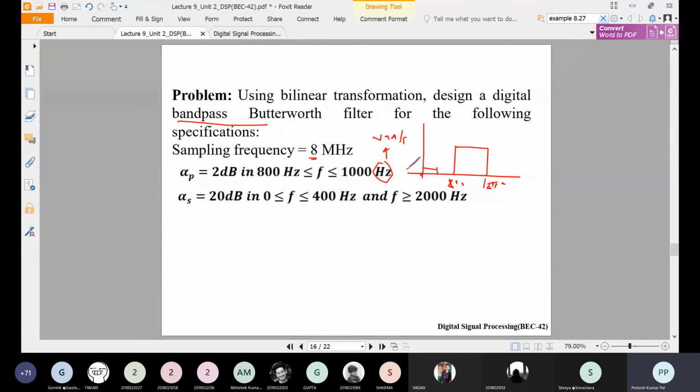That is alpha s, and this is having magnitude alpha p, that is the pass band. Another one is the range beyond 2000 hertz, where it has the stop band attenuation. So this could be the specification written in this form.